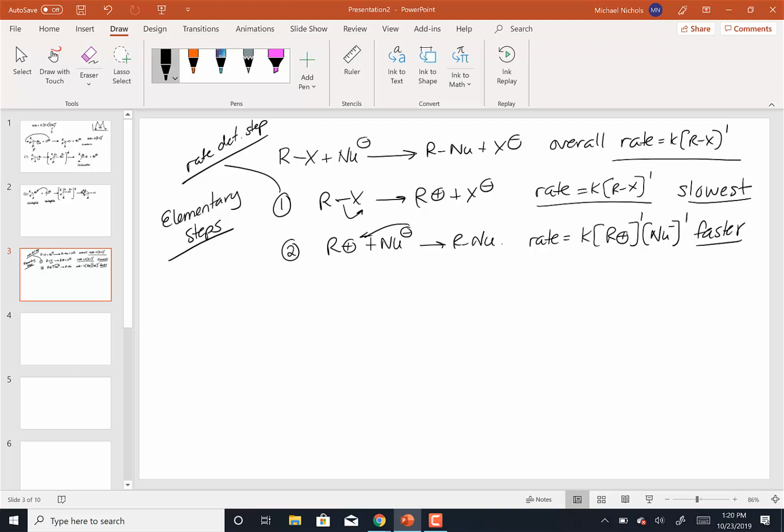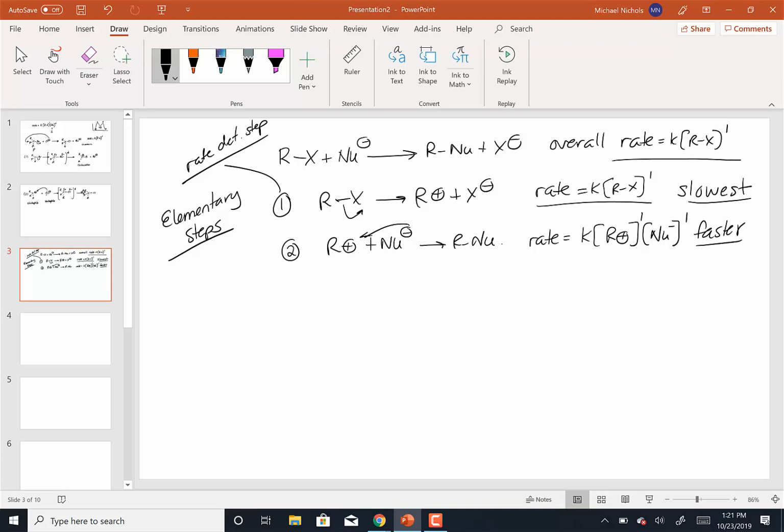So this is what people proposed, and then we say, okay, what's happening in this reaction? The carbon halogen or carbon leaving group bond is breaking, broken. Nucleophile adds. So slow step, fast step. Okay. So that's what people proposed, and they said, well, that's why I think I'm right.